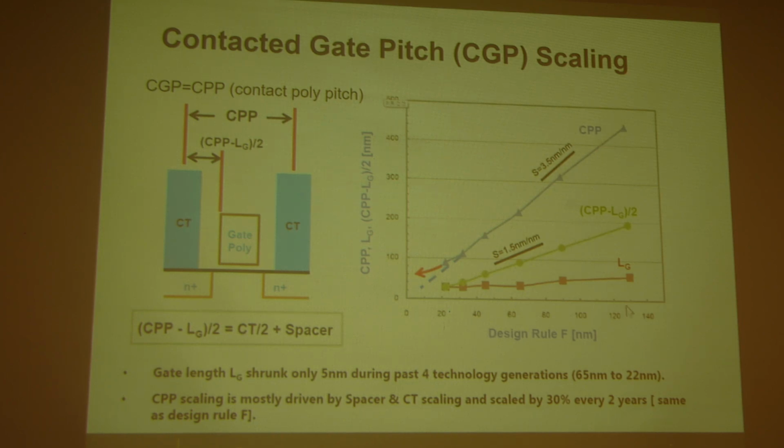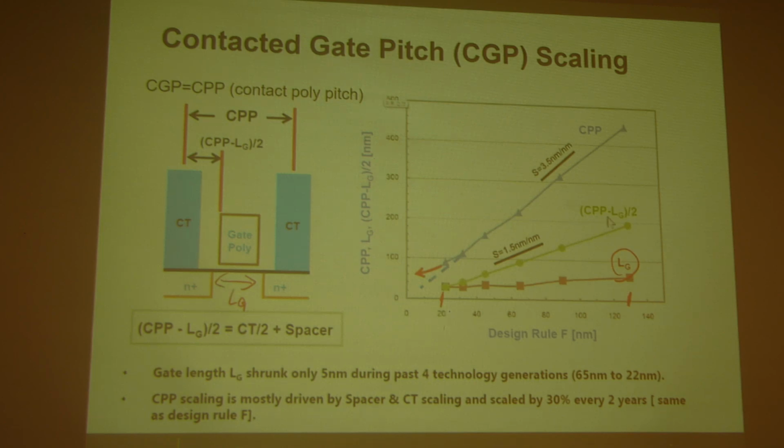If you look at the design rule or technology node from 130 nanometer down to 20 nanometer, as we discussed, the physical gate length LG does not scale too much because of the short channel effect.